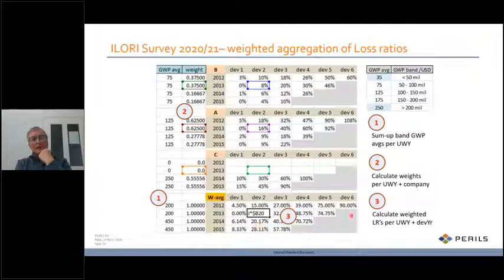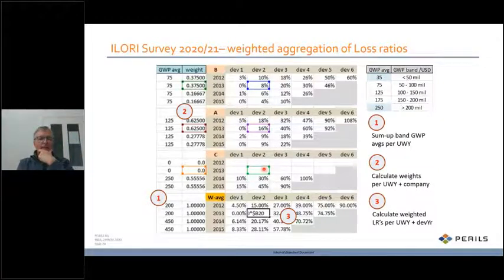When we take one element like the underwriting year 2013 and development year 2, this is calculated as the weighted average of the loss ratios which correspond above, in this case 8% loss ratio from company B, 16% loss ratio from company A, and always weighted with the weight on the left-hand side.